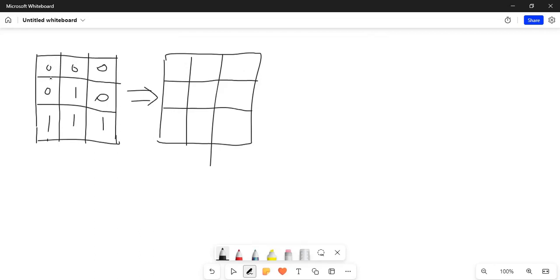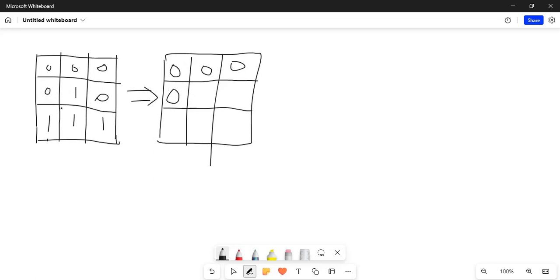This is a zero cell, so the nearest zero is itself. So the nearest zero is at zero distance. This is 0, so the nearest zero is itself, at a zero distance from it. Similarly for this cell, the nearest 0 is itself, so at a 0 distance from it.